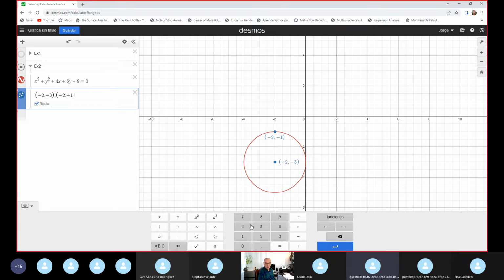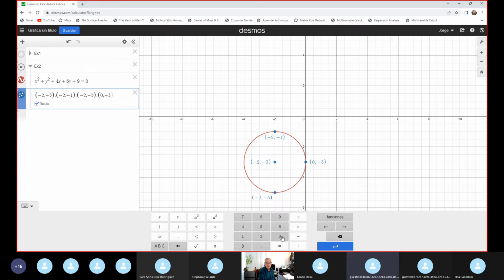Separated by a comma, any point, open the parentheses, using the specific keyboard of decimals is better. Then the second point, down, is minus 2 comma negative 5. Excellent. Okay, let's move on to the next point. To the right is 0 comma minus 3. Parentheses 0 comma minus 3.